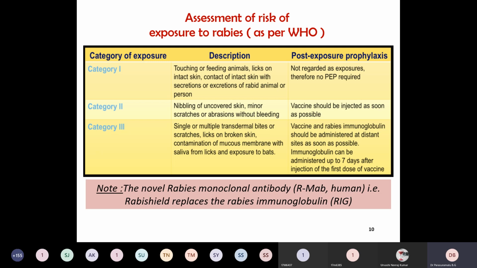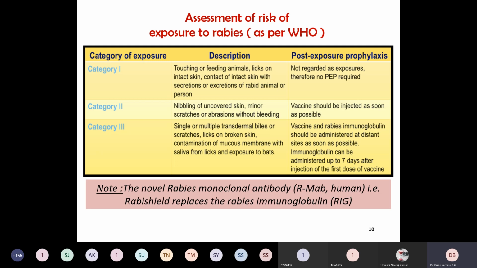So if you see category 1, it is touching or feeding animals, licks on intact skin, contact of intact skin with secretions or excretions of rabid animal or the person, and this is considered as no exposure. Therefore, no post-exposure prophylaxis is required in category 1.